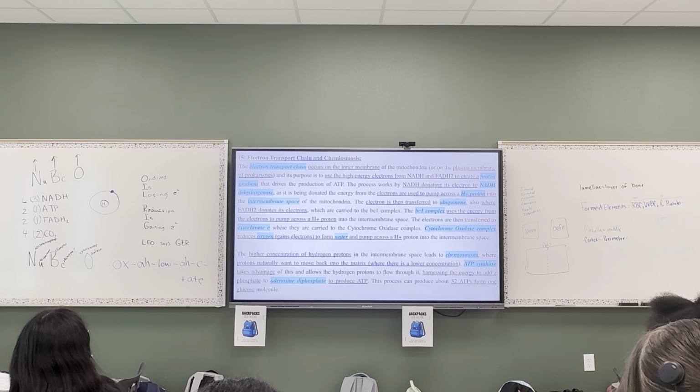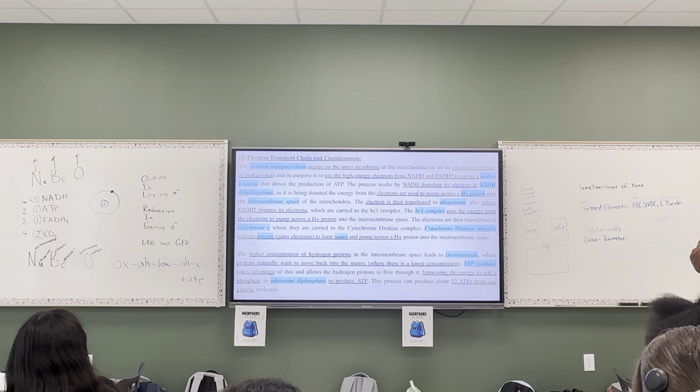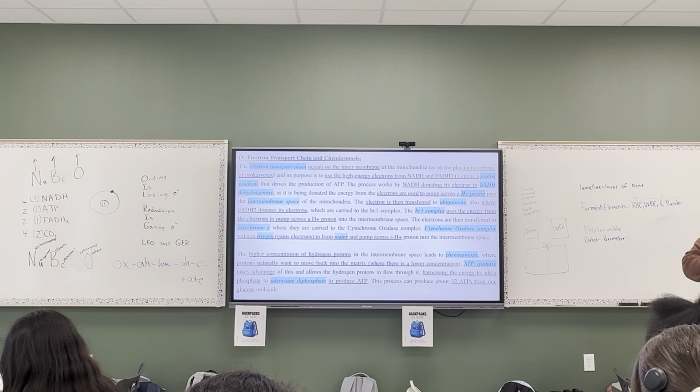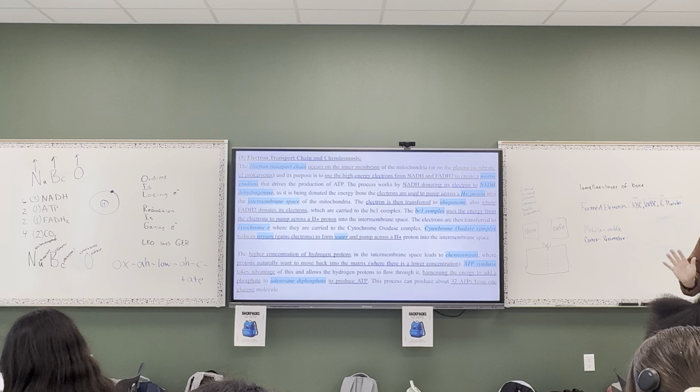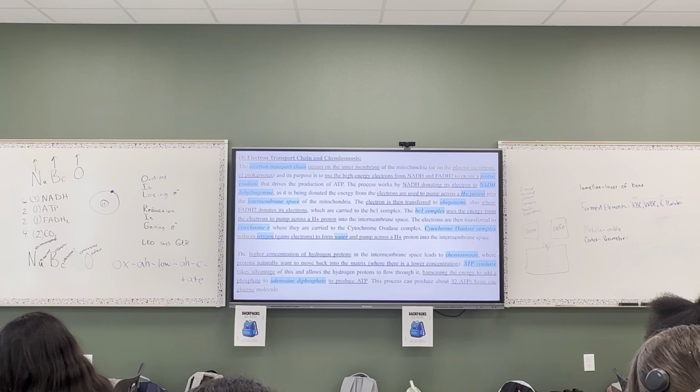Right there. So again, all it's doing is using those electron carriers, those electron buses. It's using those electrons to basically just pump across hydrogens. That's the first part. We're just pumping across hydrogens. Okay? Go ahead and continue reading for me, please.